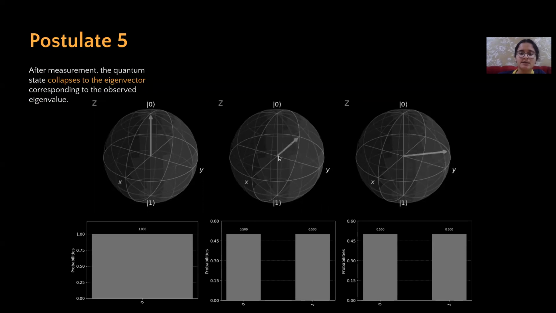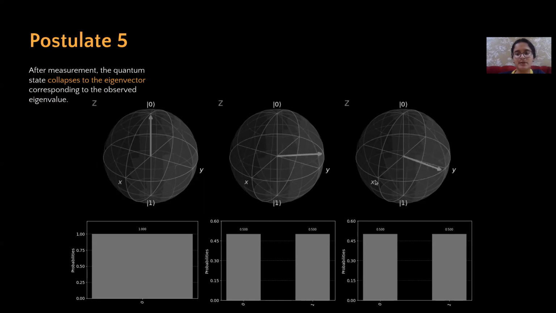Why? Because the positive direction of y is basically ket 0 plus i times ket 1, divided by root 2. So the amplitude of ket 0 is 1 by root 2, and that of ket 1 is i by root 2. If we square these amplitudes, we get half and half, just like we learned in the previous postulate. Therefore, their probabilities are half and half.